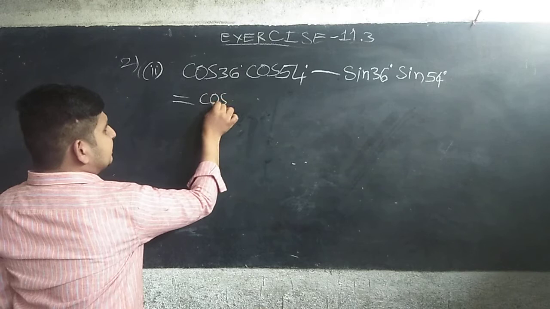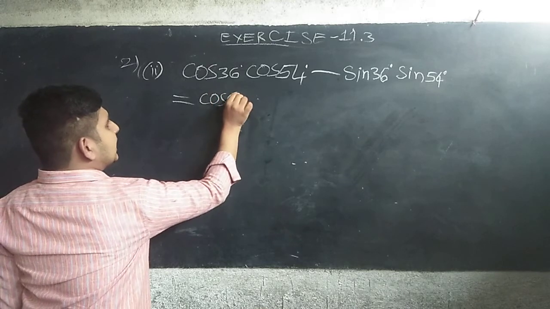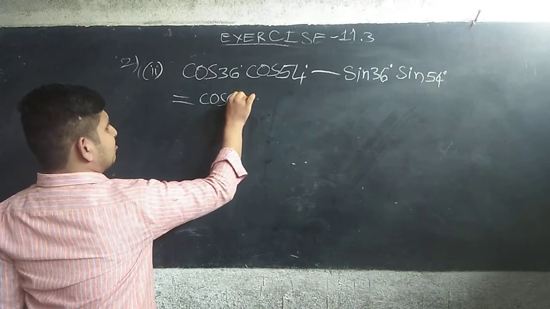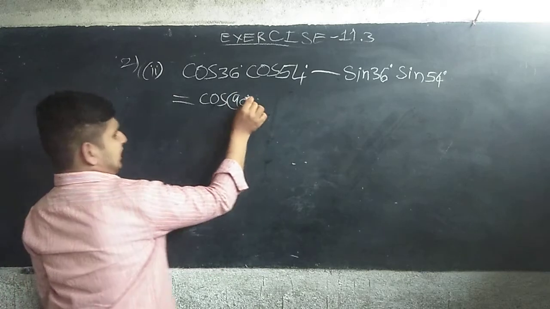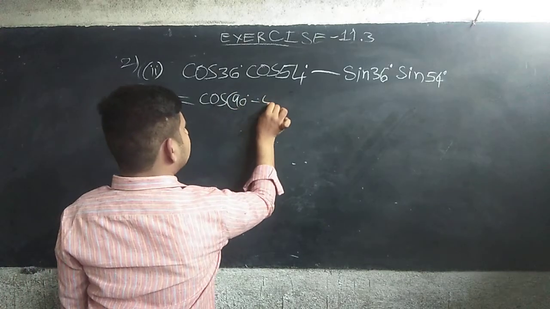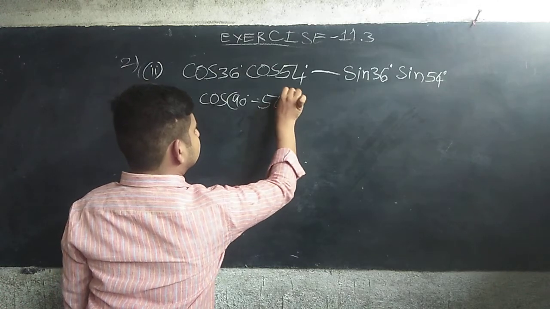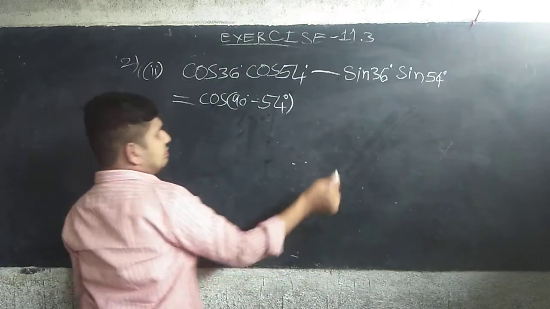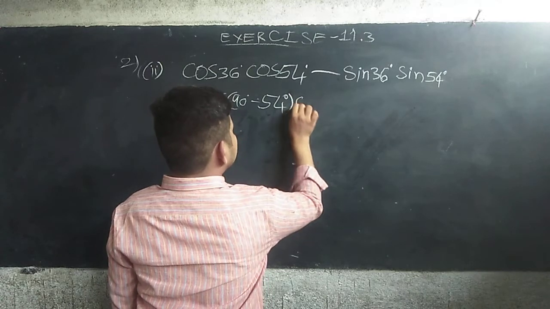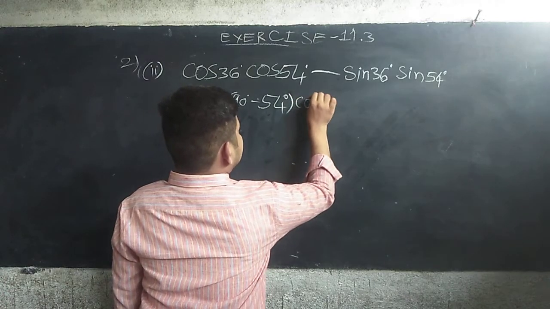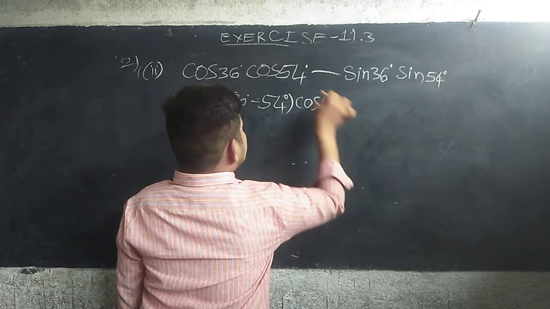Cos 90 degrees minus 54 degrees into cos 90 degrees minus 54 degrees.